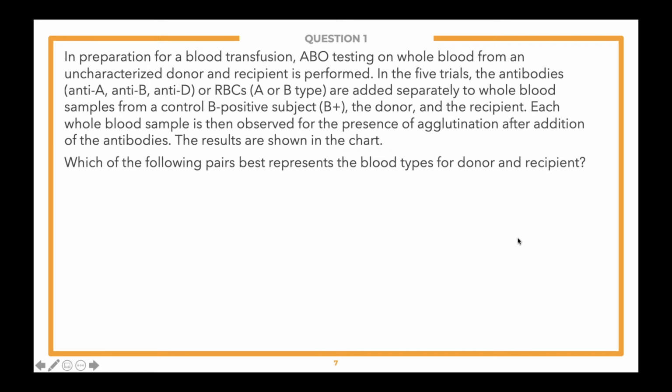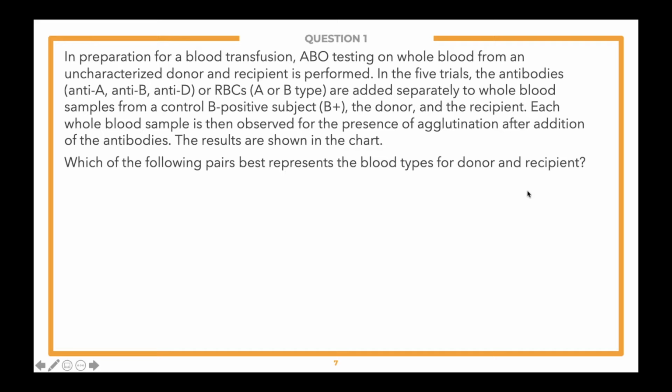Let's take a look at that vignette. In preparation for a blood transfusion, ABO testing on whole blood from an uncharacterized donor and recipient is performed. In the 5 trials, the antibodies anti-A, anti-B, anti-D, or RBCs A or B type are added separately to whole blood samples from a control B positive subject, the donor and the recipient.